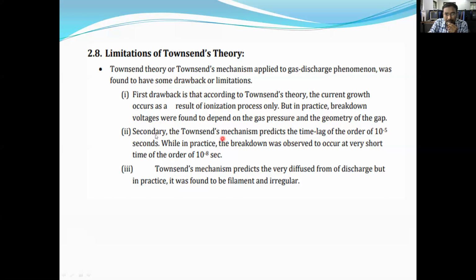That is a limitation of Townsend's theory. Then, Townsend's mechanism predicted a very diffuse form of discharge, but in practice it was found to be filamentary and irregular. That is a non-uniform electric field, so it is not valid for non-uniform electric fields.